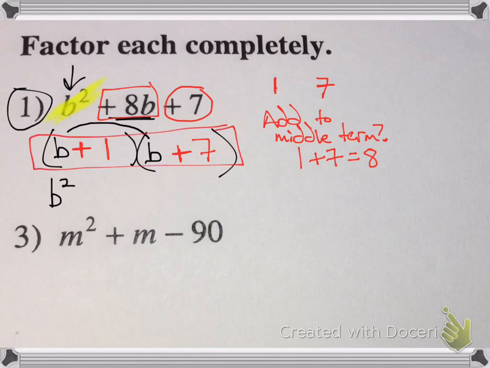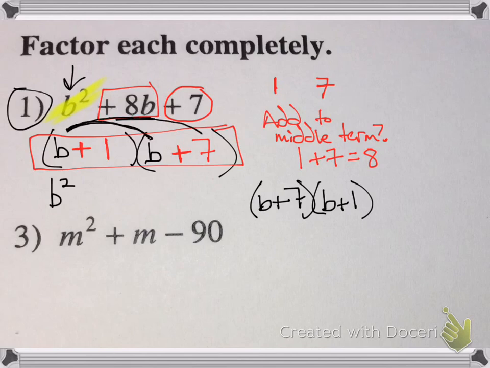It does not matter, by the way, if you were to put the 7 in the first group and the 1 in the second group. That's fine. Same thing. Okay. So let's go through this to check our work. We already did b times b to give us b squared.